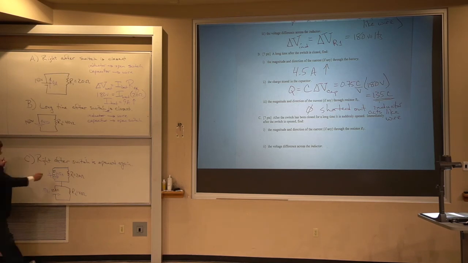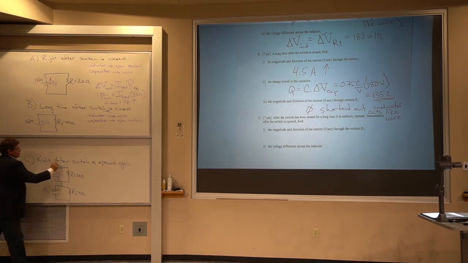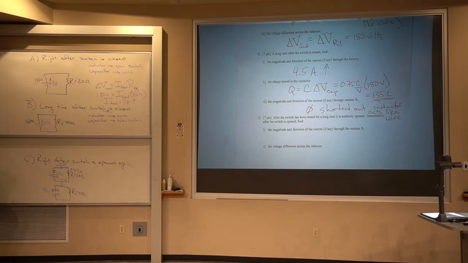If I look at this point right here, the current flowing there has to be the same as the current flowing down through the inductor, or 4.5 amps. And that means I have to have 4.5 amps flowing up through this R1. That means that 4.5 amps must be coming straight across there.